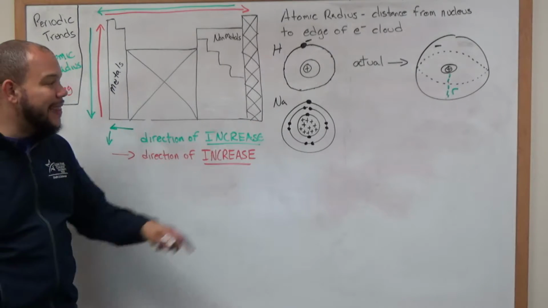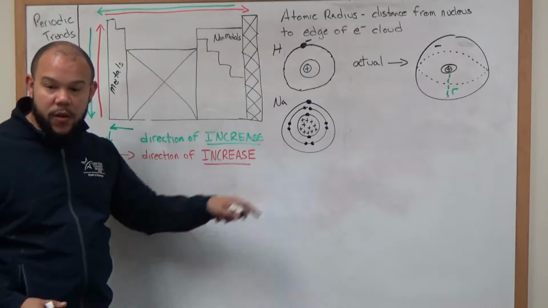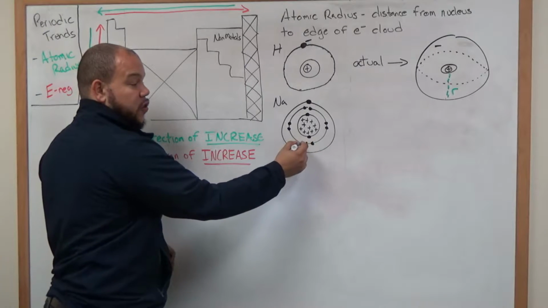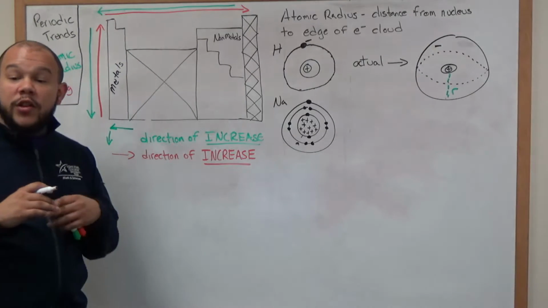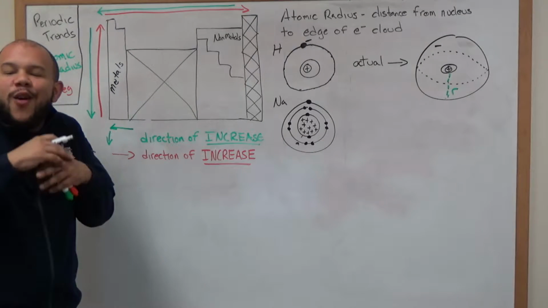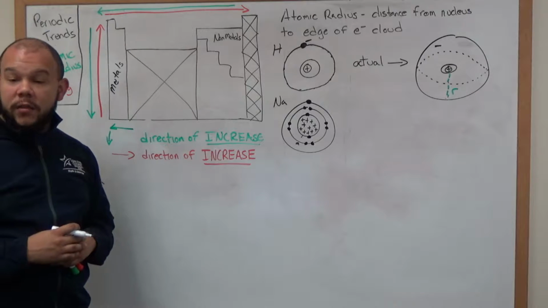What happens is that the inside electrons, specifically these two on the first and the second energy level, do what is known as shield, or they cover up the proton's positive charge.